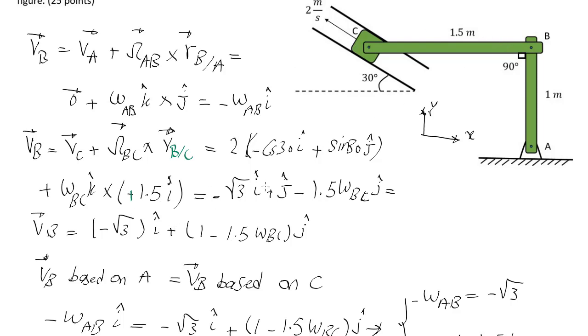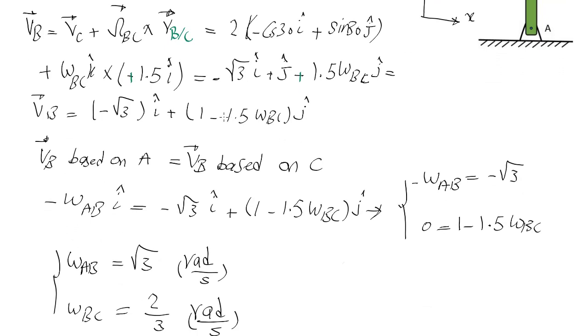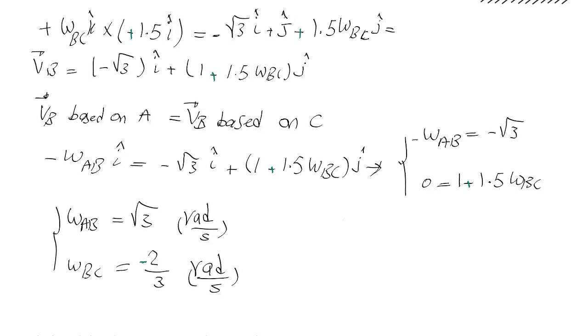If I correct this again, it is going to be K cross I, which is J, so this is going to be plus 1.5 J, and if I go down here, this is going to be 1 plus 1.5, again plus 1.5, and therefore this is going to be minus 2 over 3 radian per second for omega BC. So that was one mistake that I wanted to fix.